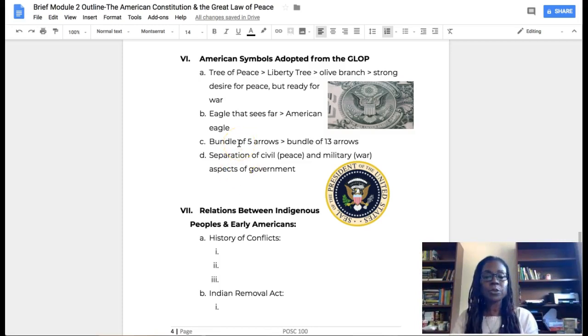And then finally, you will read in the Larkin piece that there was also a separation of leaders for peacetime and leaders for wartime. And that separation of civil and military aspects of government has also been borrowed and integrated into our United States form of government. So understand those key symbols that were adopted from the Great Law of Peace.